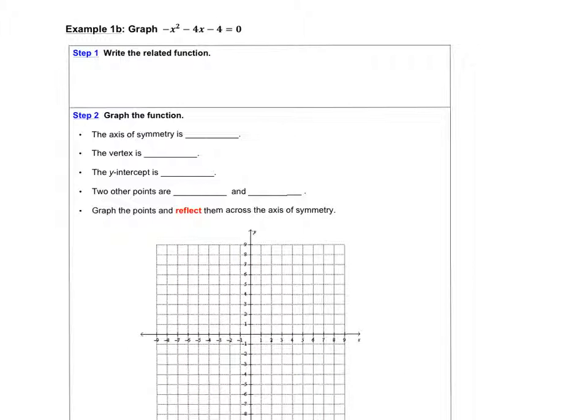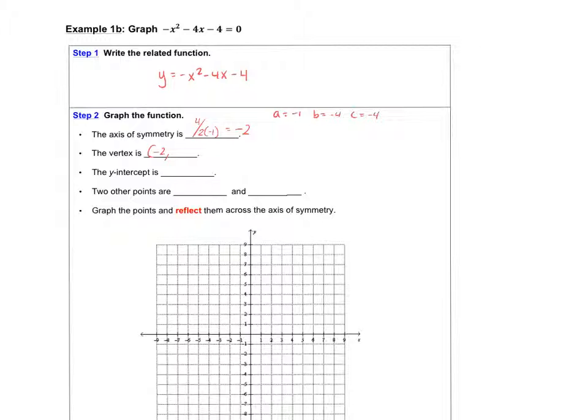Okay, so I'm going to write the related function. y equals negative x squared minus 4x minus 4. For my a, it's negative 1, my b is negative 4, and my c is negative 4. So when I do the axis of symmetry, negative b is going to become positive 4 over 2 times negative 1, 2a. And 4 over negative 2 is negative 2. So my vertex is negative 2, comma.